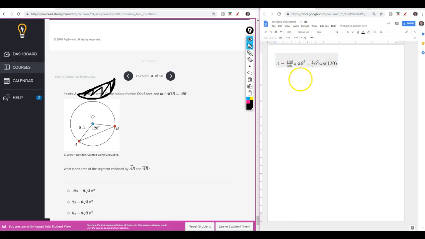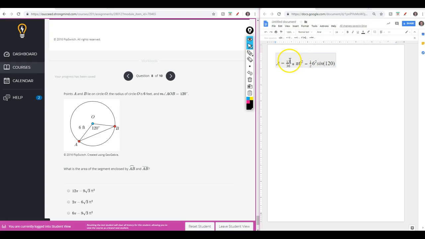120 can be broken down as 12 times 10, and 360 can be broken down as 36 times 10. So 10 divided by 10 reduces down to a 1. So 1 times 12 is just 12, and 36 times 1 is just 36. So then we're looking at 12 divided by 36.